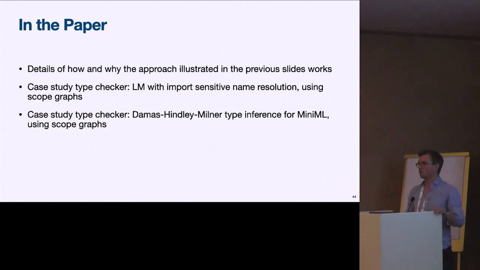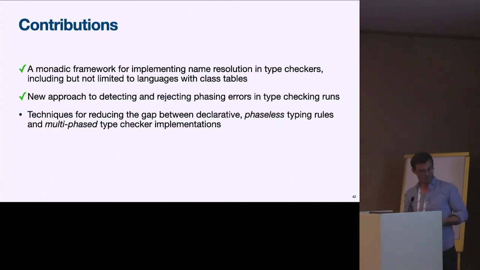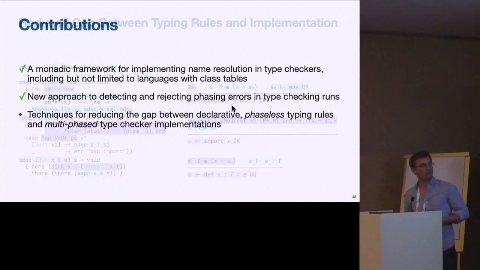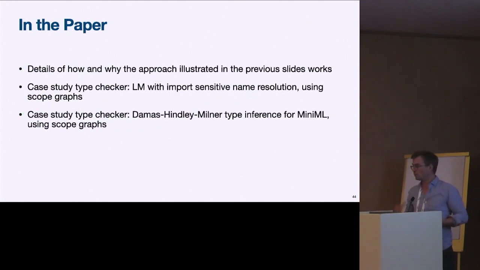So previous work on scope graphs, on the meta-language Statix, which allows you to basically derive type checkers from rules that look close to this, is not able to express this case study that we are able to express with these combinators. The second case study that we provide here is for Algorithm W, Hindley-Milner type inference, which is another example of a feature that was unknown how to type check with Statix, this previous meta-language.